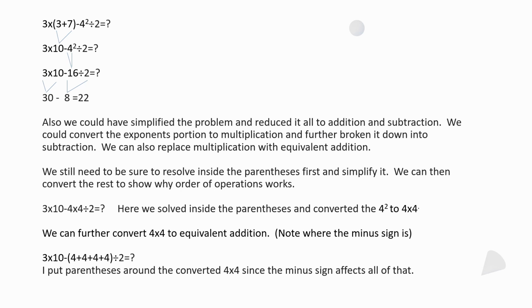That's all it is. Think of it like shorthand, or an abbreviation when you're writing something just to save time. That's exactly what exponents are doing for you. So on line number 3, we've reduced 4 to the second power to 16. And why is that? Because 4 times 4 is 16. Now we got 3 times 10 minus 16 divided by 2.